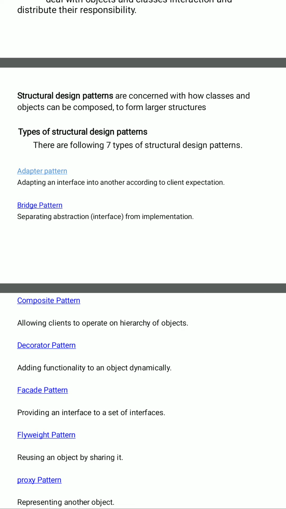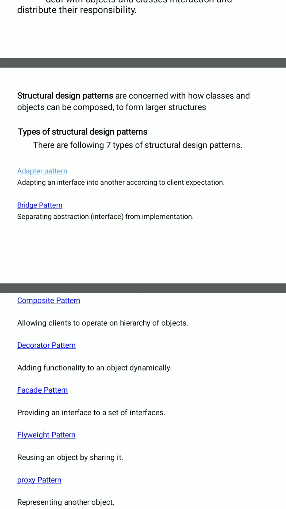And the composite pattern: allowing clients to operate on a hierarchy of objects. This means that the composite pattern allows clients to operate in a generic manner on objects that may or may not represent a hierarchy of objects. Now, decorator pattern means adding functionality to an object dynamically.